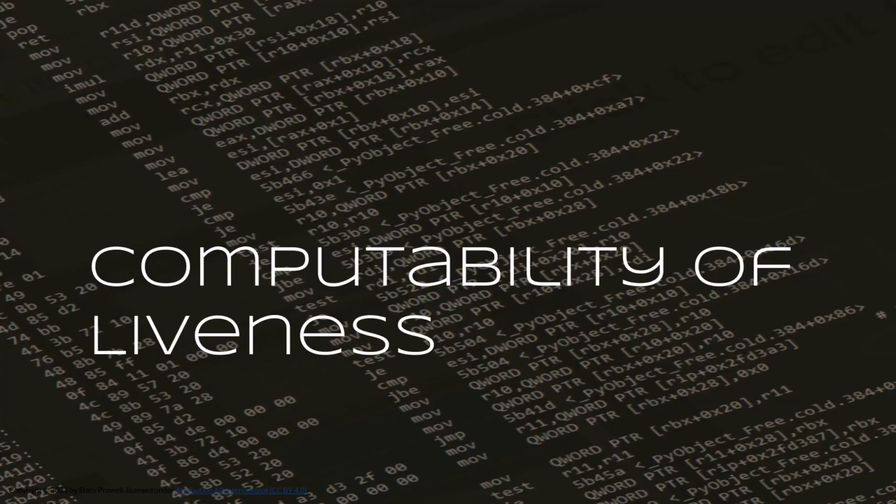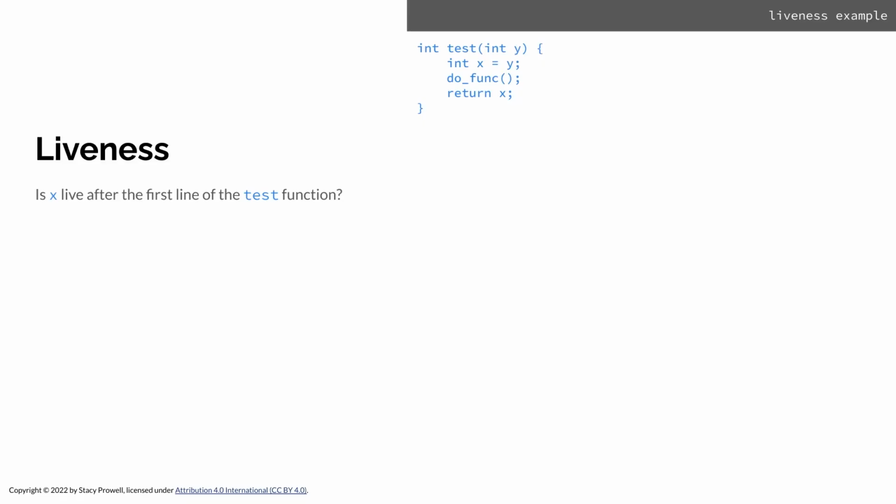Let's talk about computability of liveness, because someone asked a question. They said, can you give me a real example that shows when liveness is not computable? Because it seems like it would always be computable. Sure. Let's do that.